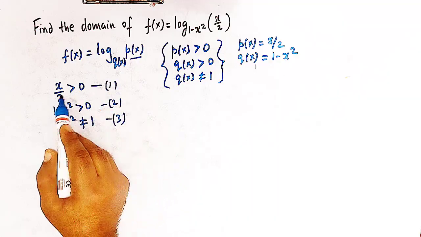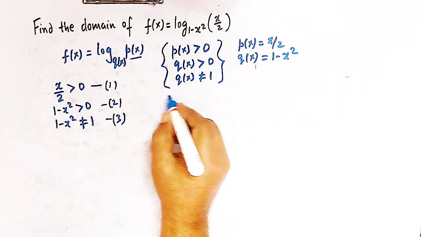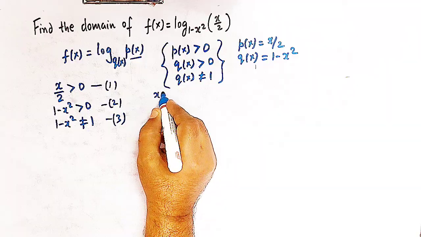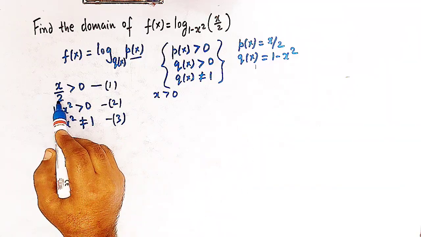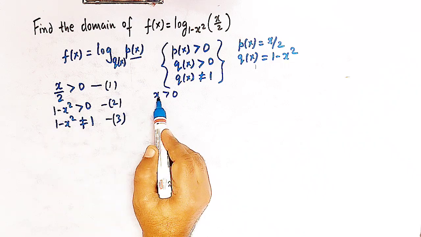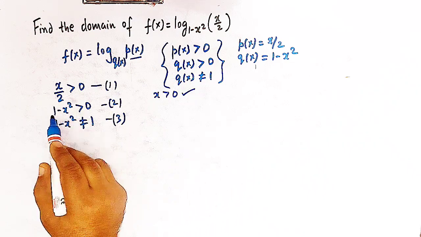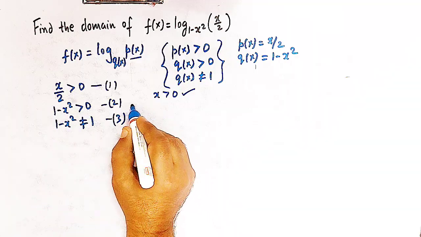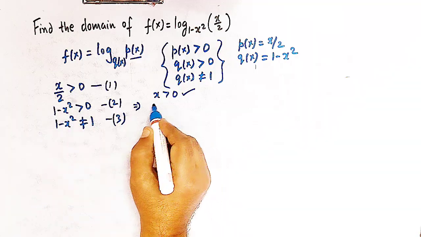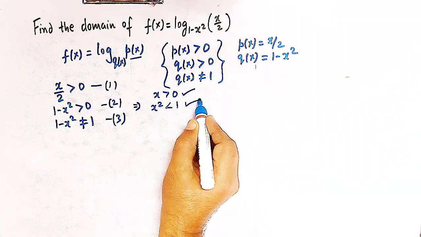Now from condition 1, that is from this inequality, we can straight away write x greater than 0, that is, multiplying both sides by 2, we have x greater than 0. And from here, we have 1 minus x square greater than 0, so this implies that x square should be less than 1, right?